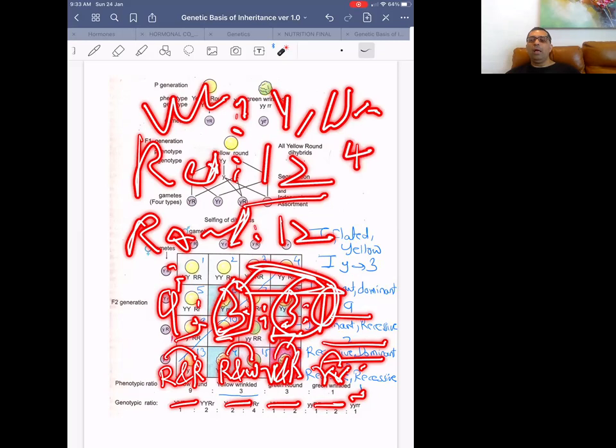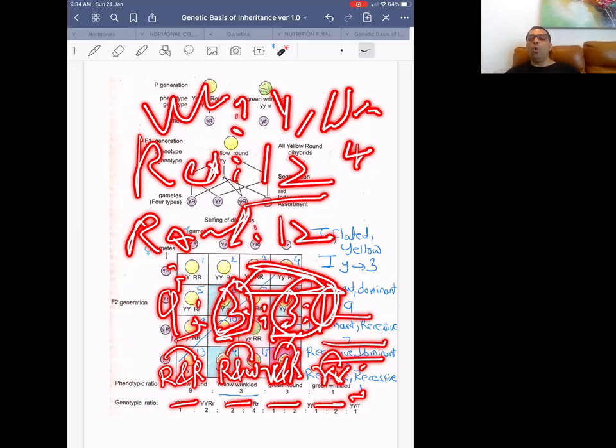Red, how many? 12. 9 round and red, 3 wrinkled and red. Round, how many? 12. 9 are round and red and 3 are round and white. White, how many did you get? 4. 3 are round and white, and 1 is white and wrinkled.